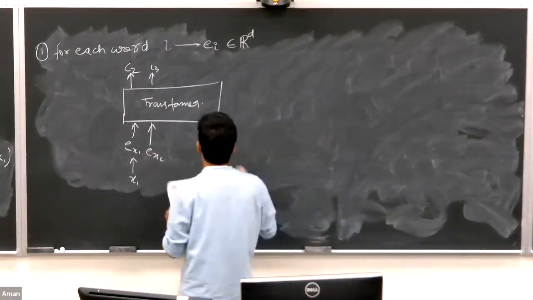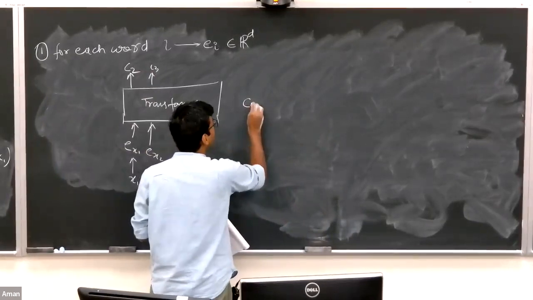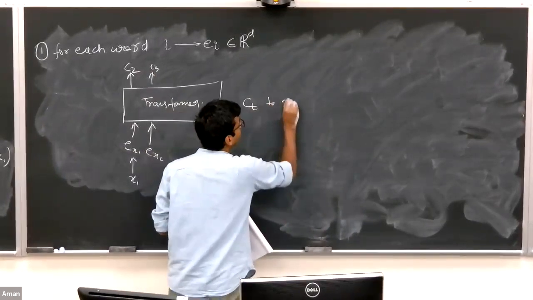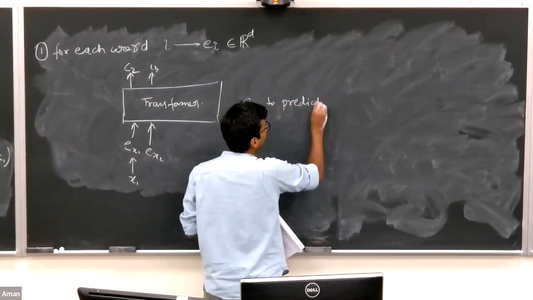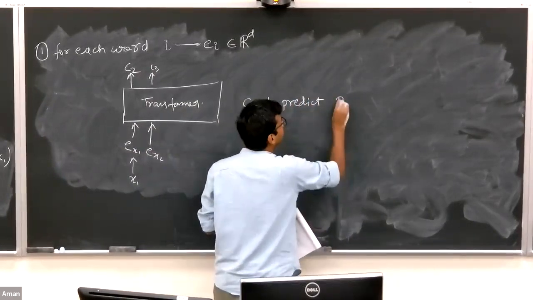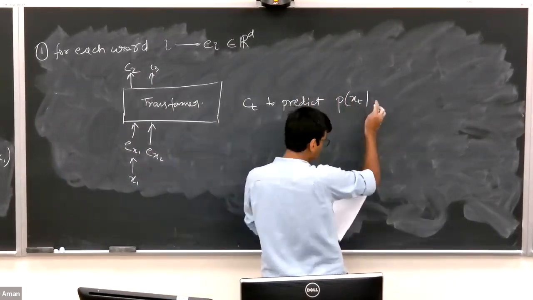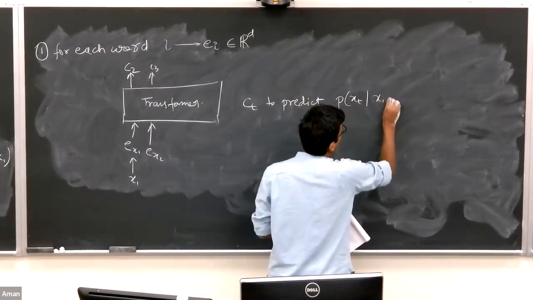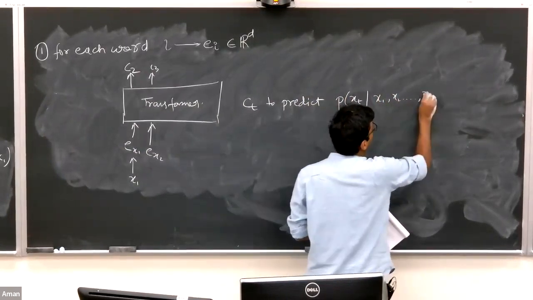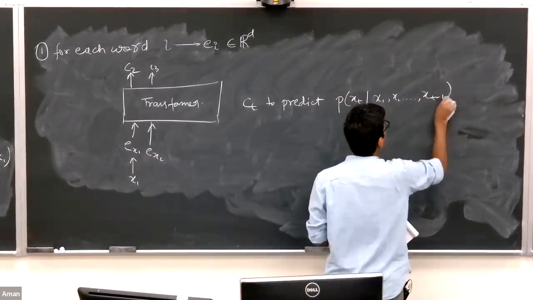And so overall, what you do is that you use it to predict P of xt given x1, x2, to xt minus 1, right?